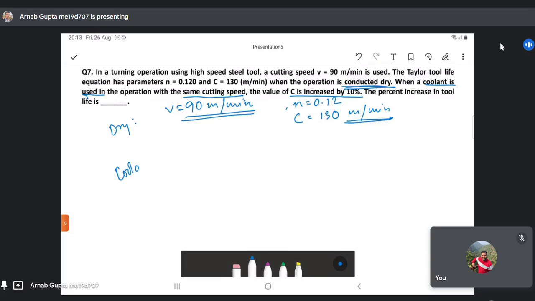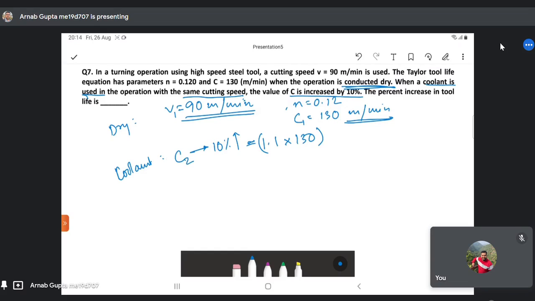Using a coolant, c increases by 10%. So it becomes 1.1 into 130, right? If it increases by 10%, the new c is, so I am denoting it as v1. n will be constant in both the cases.